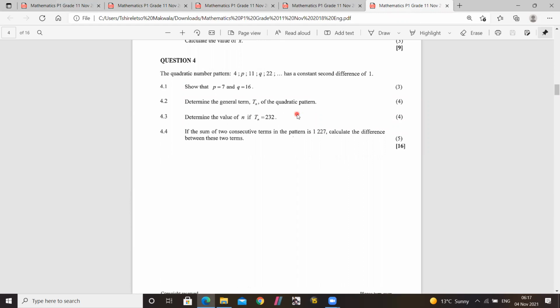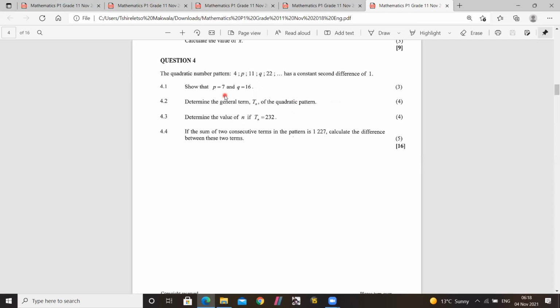The main difference is that the quadratic pattern has a second common difference, while a linear pattern has only the first common difference. So for a quadratic pattern, you won't see a constant first difference, but you'll see a constant second difference, meaning the first difference will not be the same, but the second one will be the same.